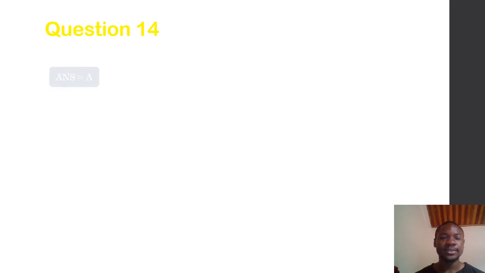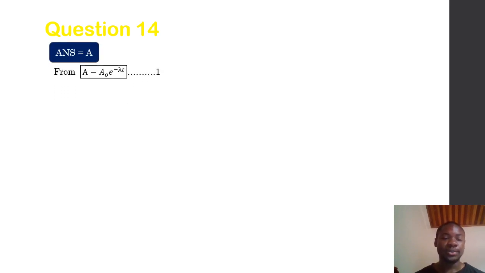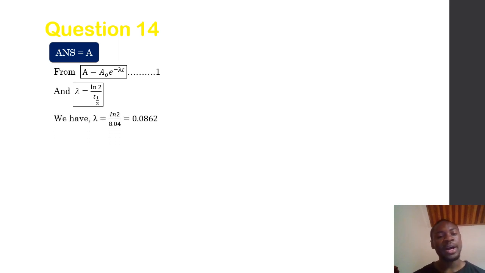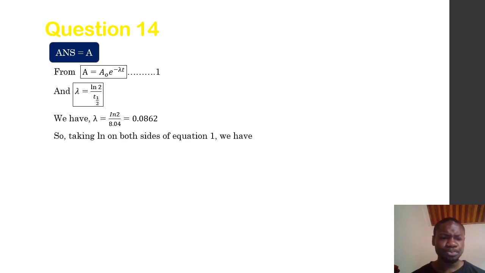Question 14. Our answer is A. So from the equation A equals A0 e to the minus lambda t, that I'll call equation 1, and from the equation lambda equals ln 2 over the half-life, t half, we have lambda equals ln 2 divided by 8.04, which is the half-life, which will give us 0.0862.